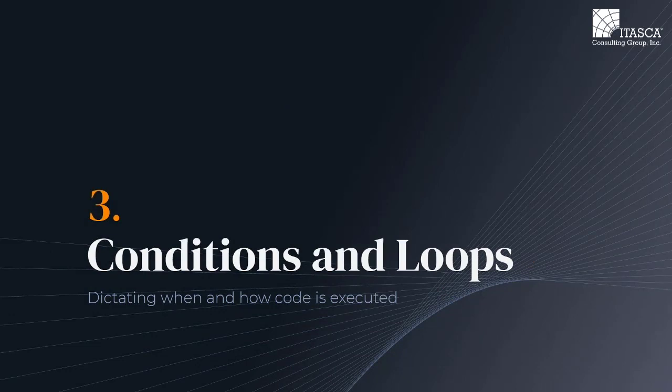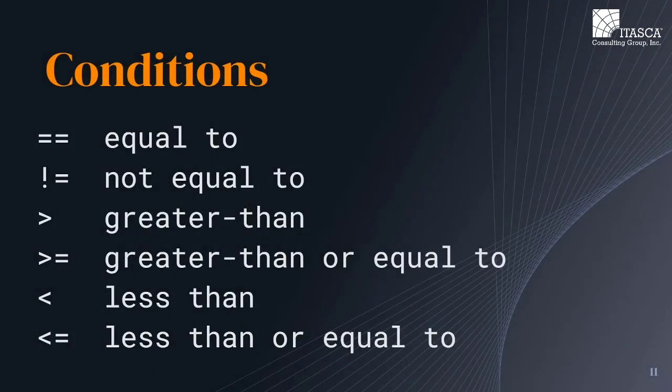Now that we've seen how you can initialize and modify your data, we'll be going into how within Python you can dictate when and how your code is executed based on different conditions and iterative structures. Firstly, within Python, there are several different syntactical measures which can be used to equate to different Boolean conditions.